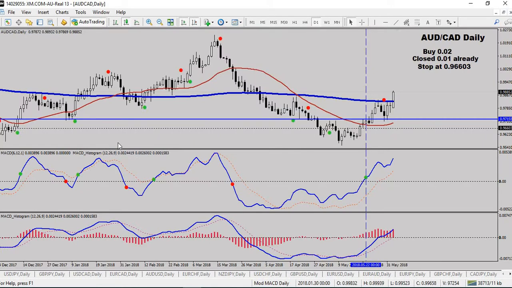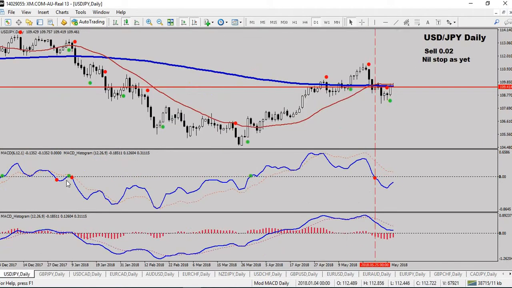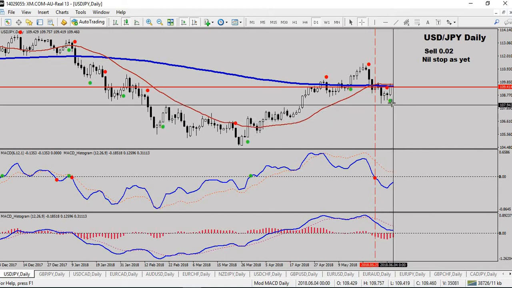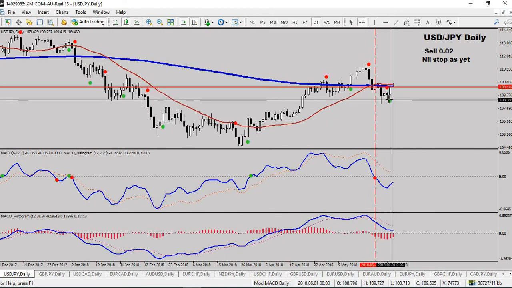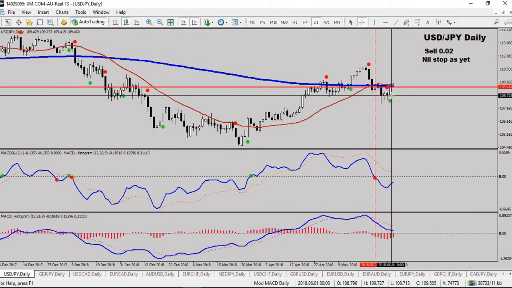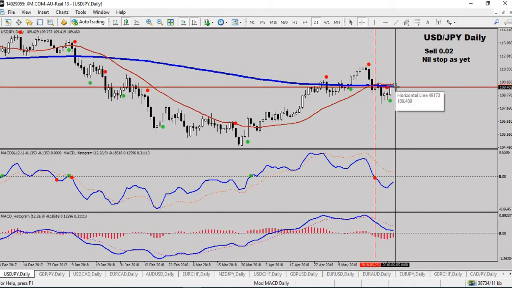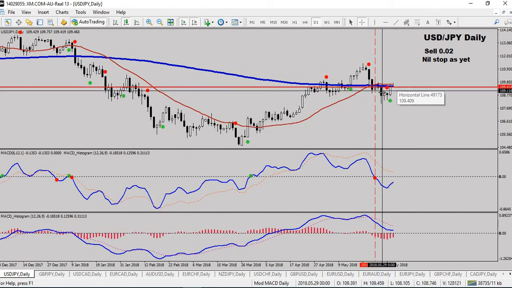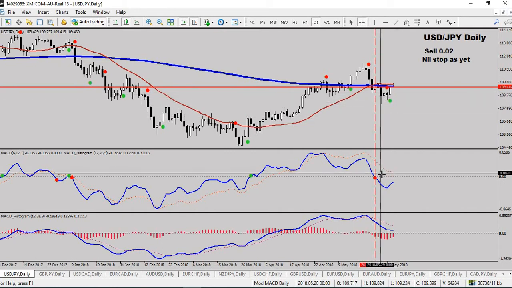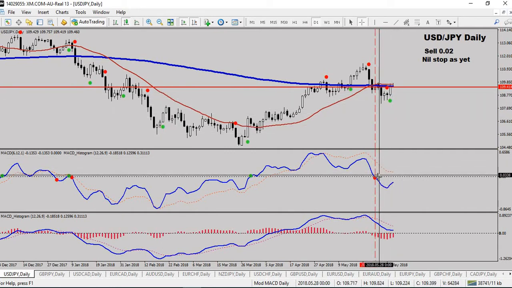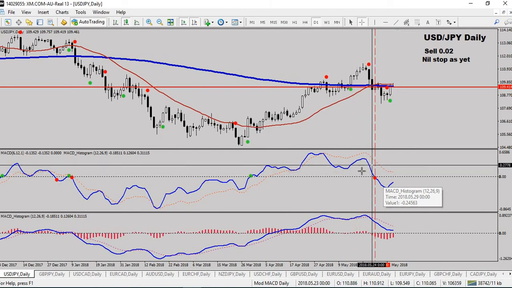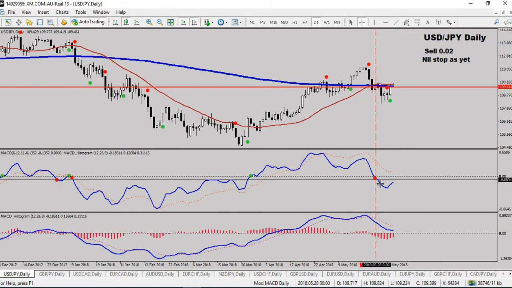Alright, we're into it. We'll start at the front. USD Japan, Japanese yen. I'm in a sell trade on this, and it's not looking very good. We've already got a green dot this morning on the QMP filter, so I'm pretty close to my point of entry actually for the sell. The only reason I'm not getting out yet is because the fast MACD, the one in the middle, the 612.1, is still in sell mode.